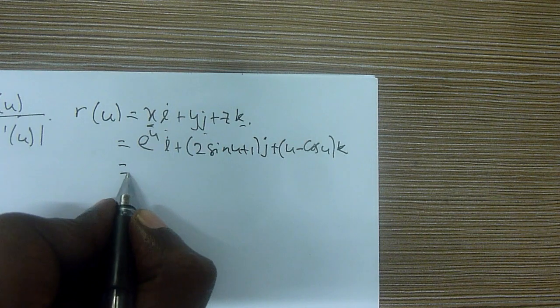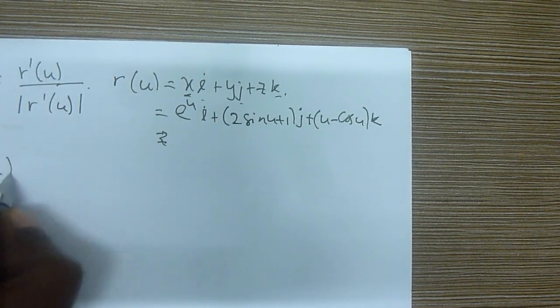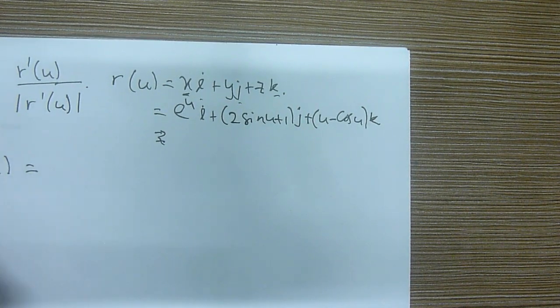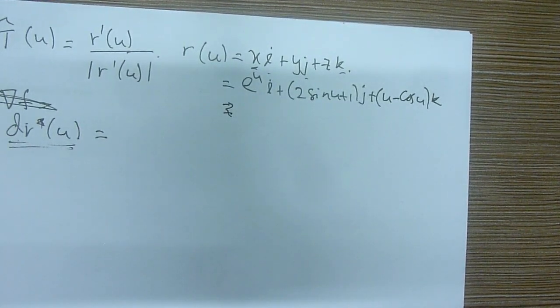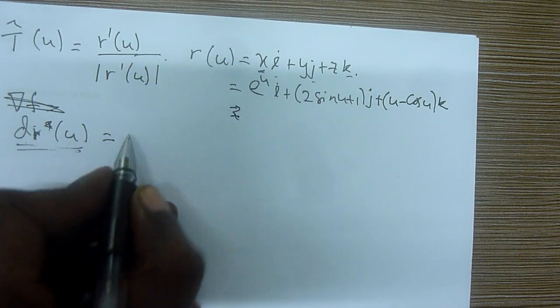Remember, I want you to see this first. Why are we differentiating this? Always when I put a prime, students normally take it for granted and may say this is dr.